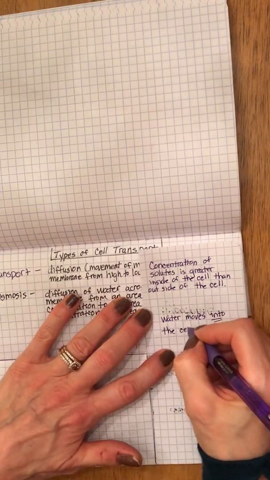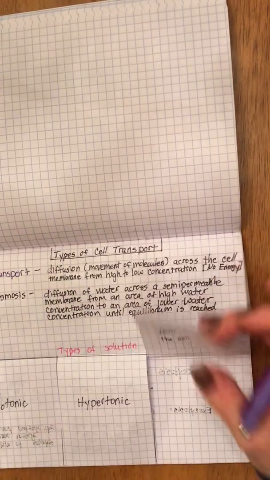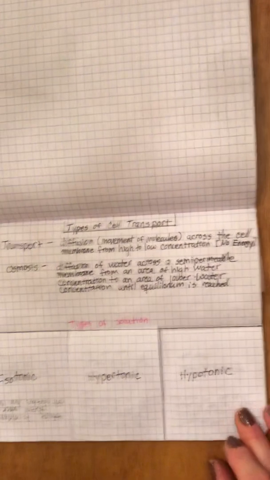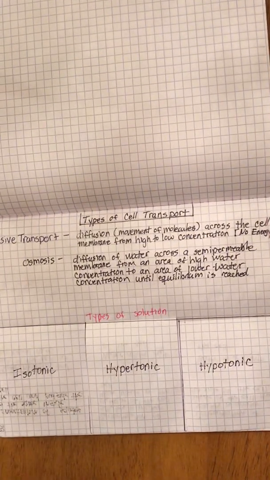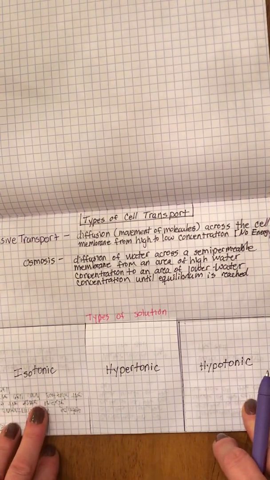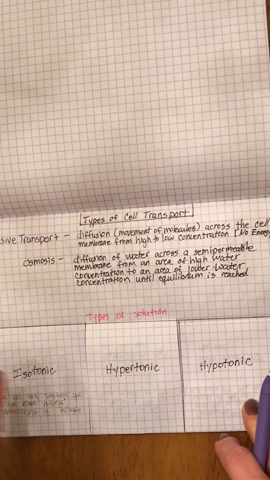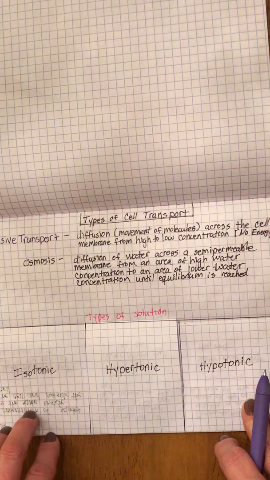So a good example of this one, a good example of all of these actually, is think about your fluids in your body. You don't have pure water in your body. In fact, when they give you fluids in the hospital, it's more of a saline type fluid, which means it has a little bit of salt in it.